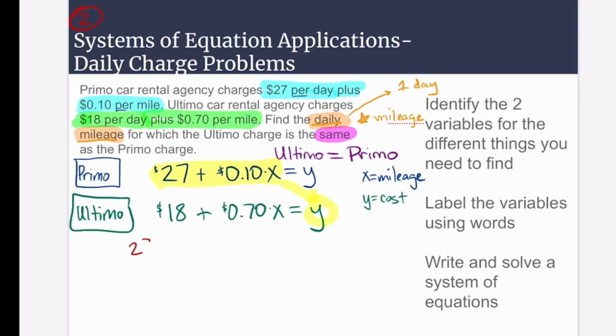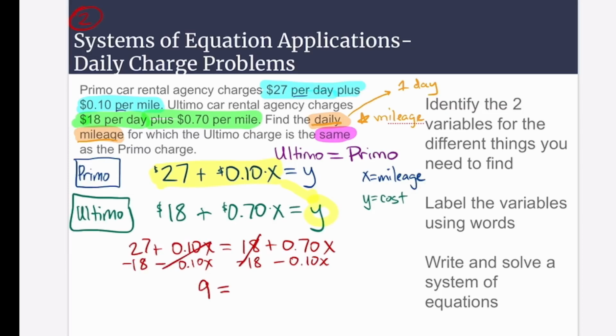So it's going to be similar to the last one. It's going to be 27 plus 0.10x equals 18 plus 0.70x. I'm going to subtract the 10 cents and move that to the right. I'm going to subtract the 18, move that to the left.